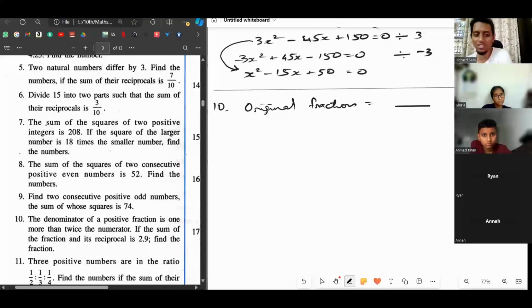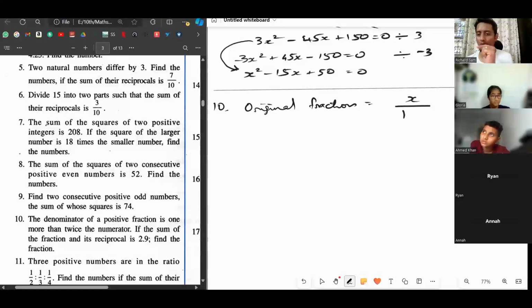Just 2x is not enough. They're saying something about the denominator. So we'll take the numerator as x. The denominator is what? Just 2x? No. The denominator is 1 more than twice the numerator.